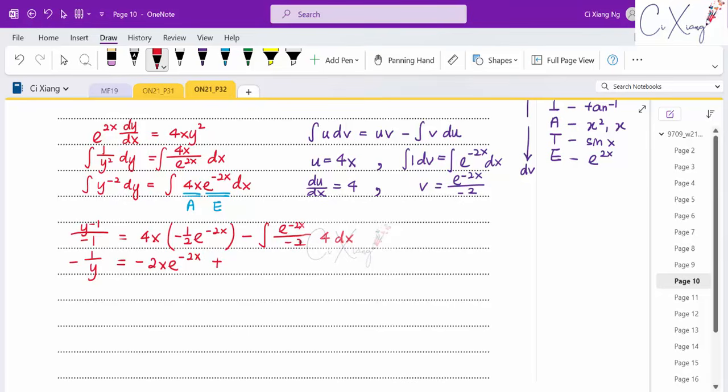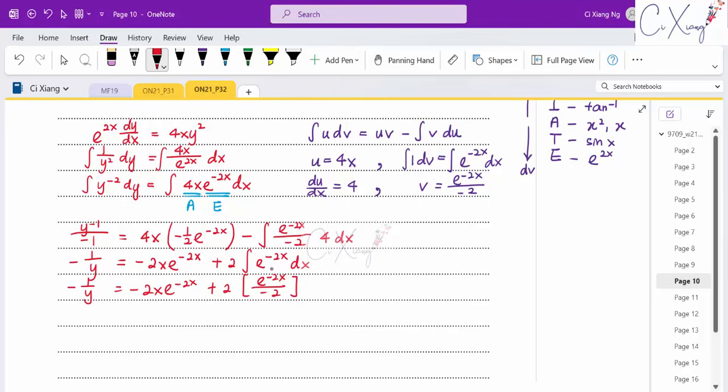Negative, negative becomes positive. Then 4 divided by 2, I get 2. So I take out the constant term 2, then I integrate only e power negative 2x. Integrate e^(-2x), I have e^(-2x) divided by negative 2.